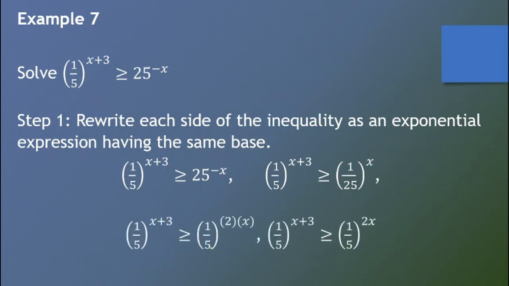So, ayan. So, we have 1 over 5 raised to x plus 3, and then yung 1 over 5 para maging equal kay 1 over 25, gagamitan natin ng exponent na 2. So, 1 over 5 square is 1 over 25. And then, simplify the exponent, magiging 2x. And dahil same na yung ating bases, kunin na lang ang exponent.